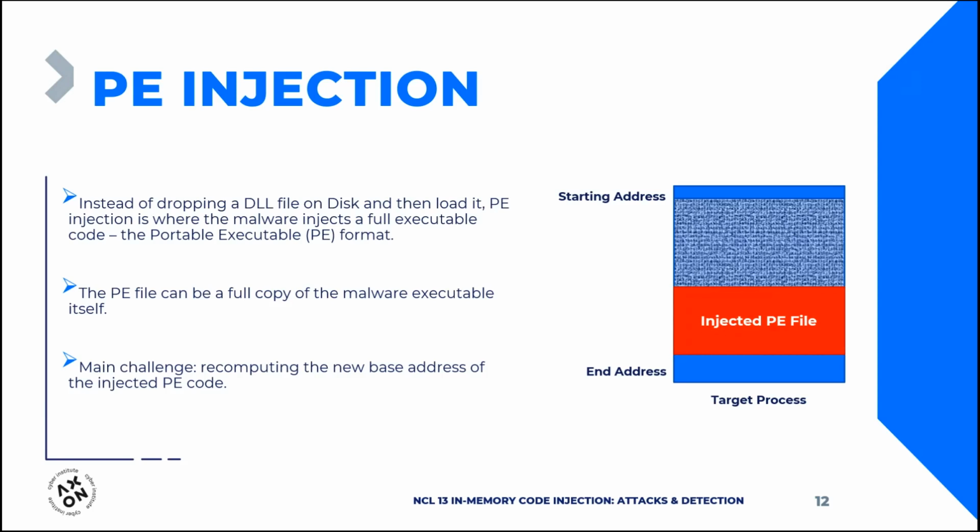So you need to recompute the base address and then adjust all relative addresses of the functions called within it relative to this new base address. Now, this is not very hard to do. There are certain routines and functions where you can simply traverse a certain address table and then recompute it.